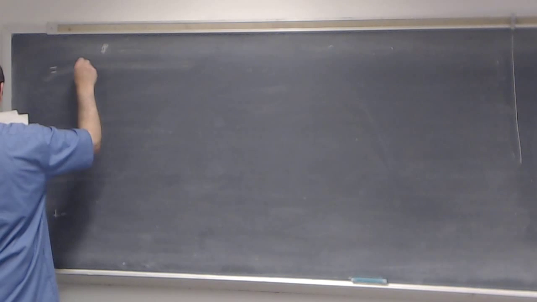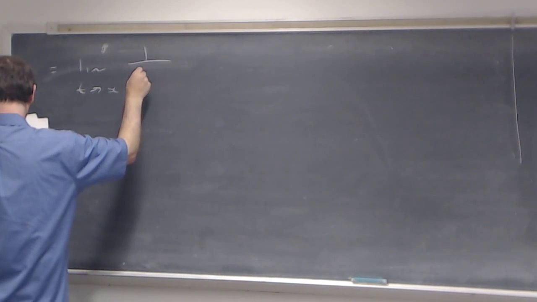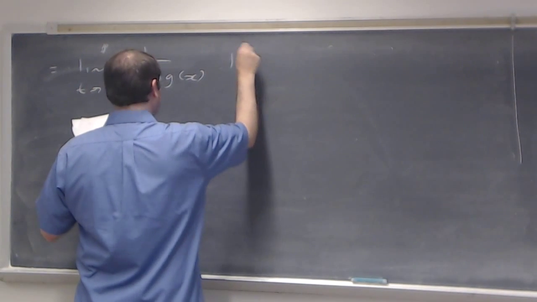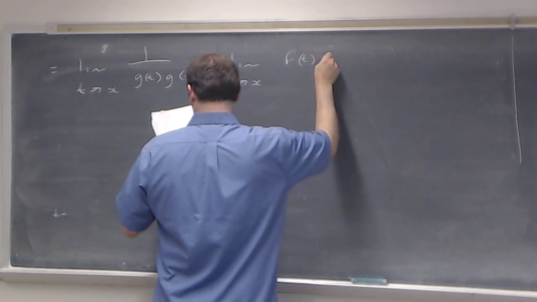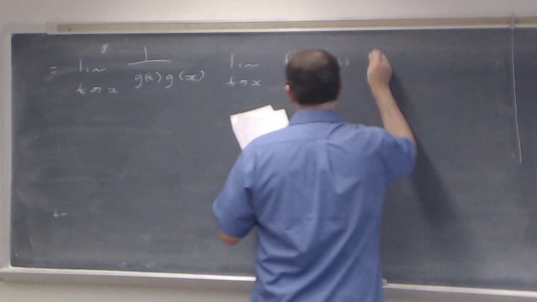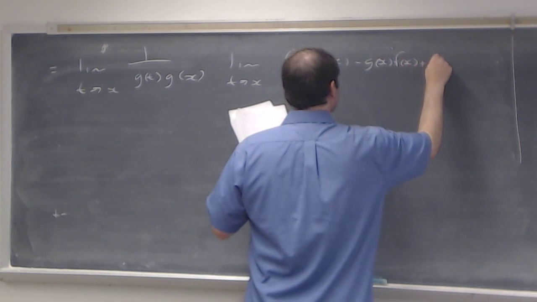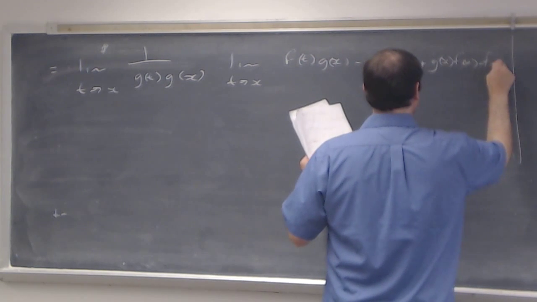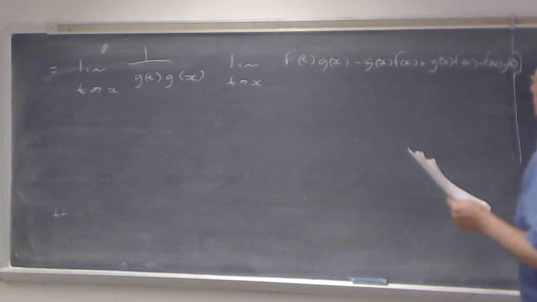Okay? Now, that can be rewritten as the limit as t goes to x of 1 over g of t times g of x, times the limit as t goes to x, and I'm going to change what we have there. I'm going to rewrite it as f of t g of x. I'm going to introduce a funny looking 0: minus g of x times f of x plus g of x times f of x. And then we had the minus f of x g of t there. Okay? That was already there.